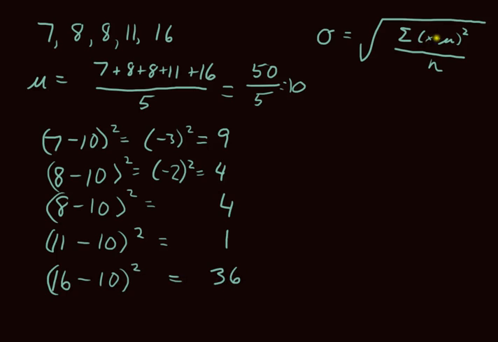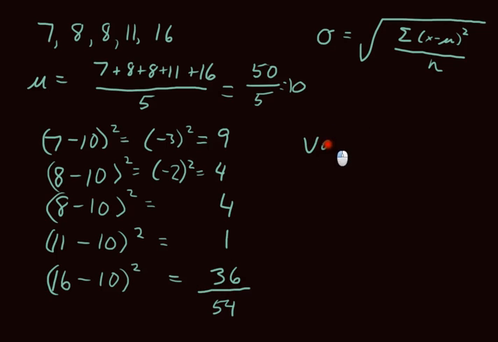So that's all my x minus mu squareds. And we're supposed to add those. So 9 plus 1 is 10. 4 plus 36 is 40. So 10 and 40 makes 50. And I've got another 4, so 54.